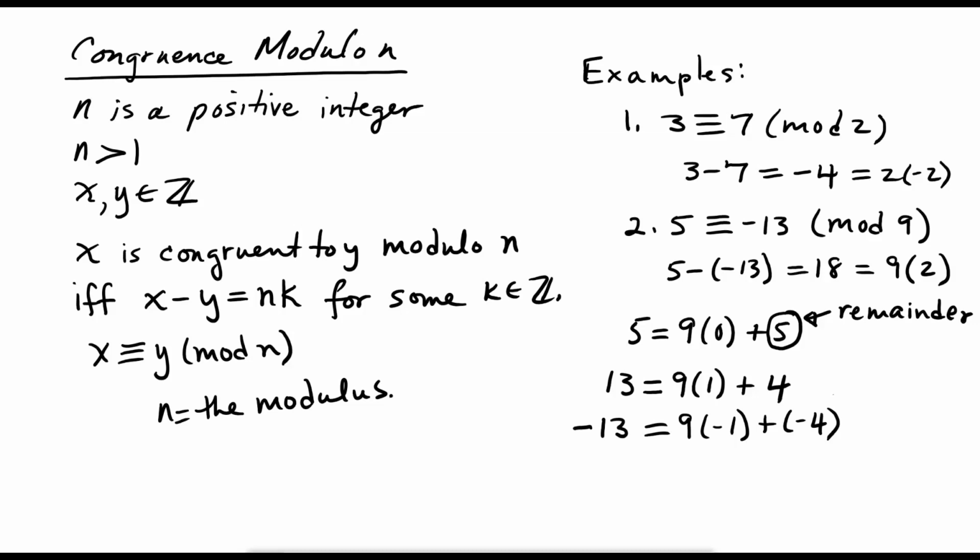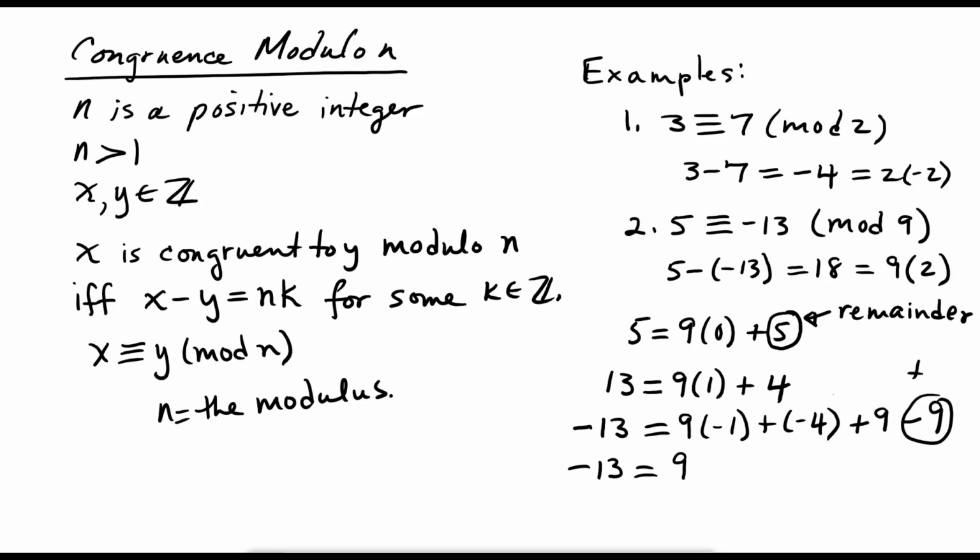But remember, our remainder has to be non-negative, so we need to add and then subtract 9.